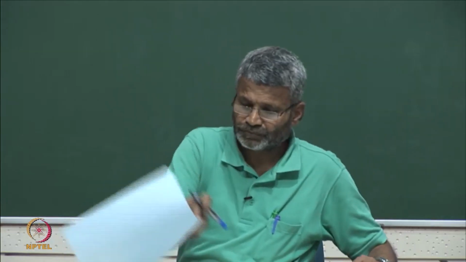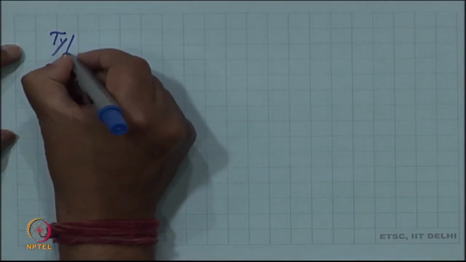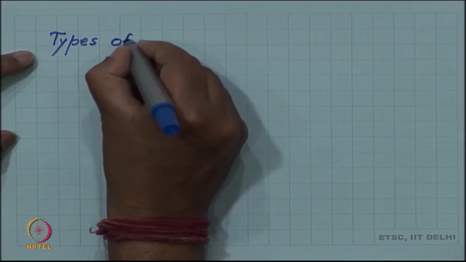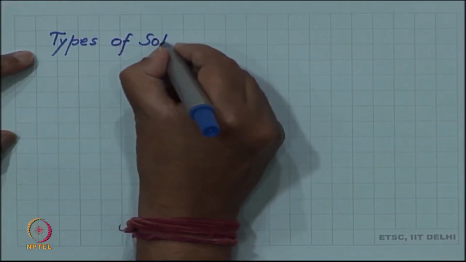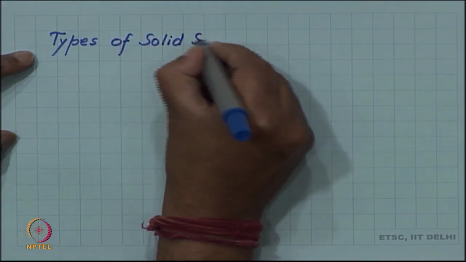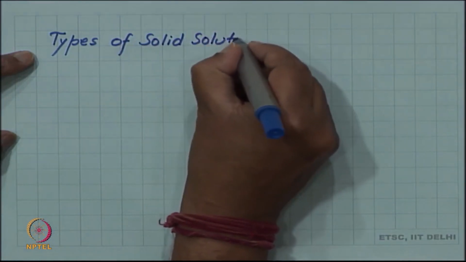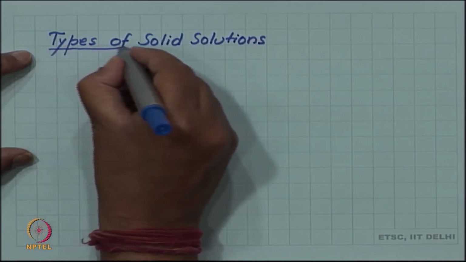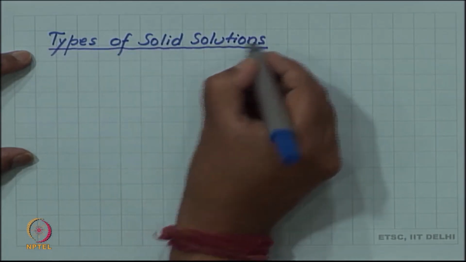So, we continue with our discussion now on the types of solid solution. Types of solid solutions. We distinguish two types.